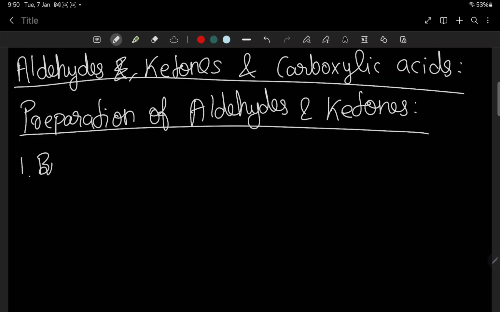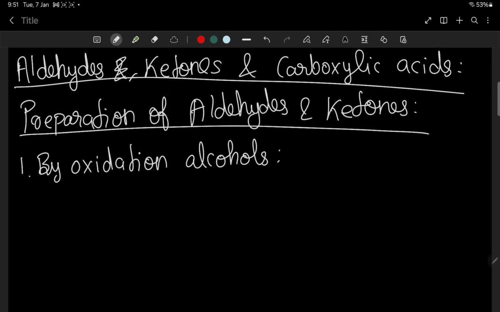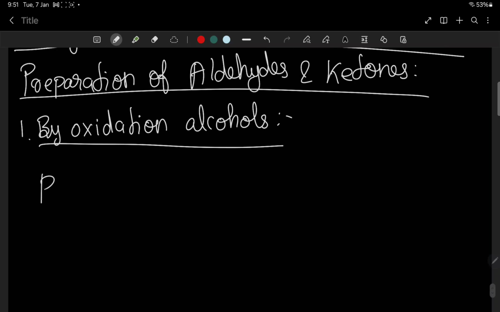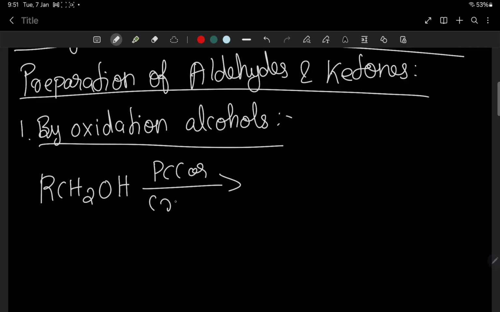First one is by oxidation of alcohols. We learnt this in the alcohols chapter, using CrO3 or PCC. So you can take RCH2OH, a primary alcohol, and using PCC or anhydrous CrO3, you can convert it into RCHO.